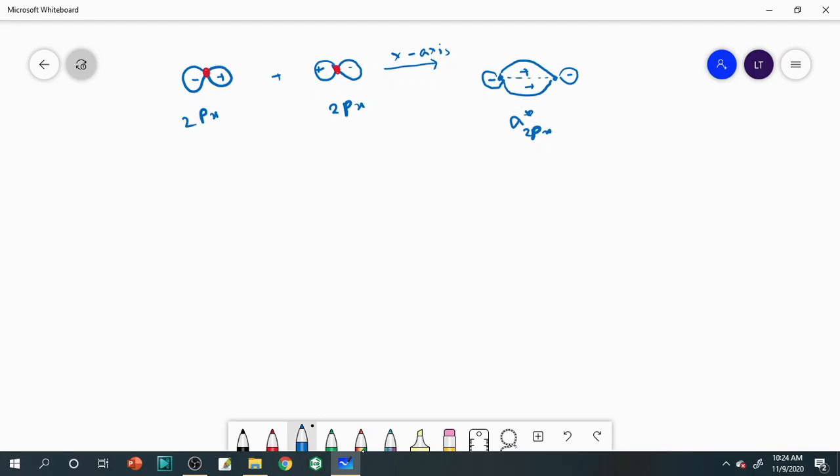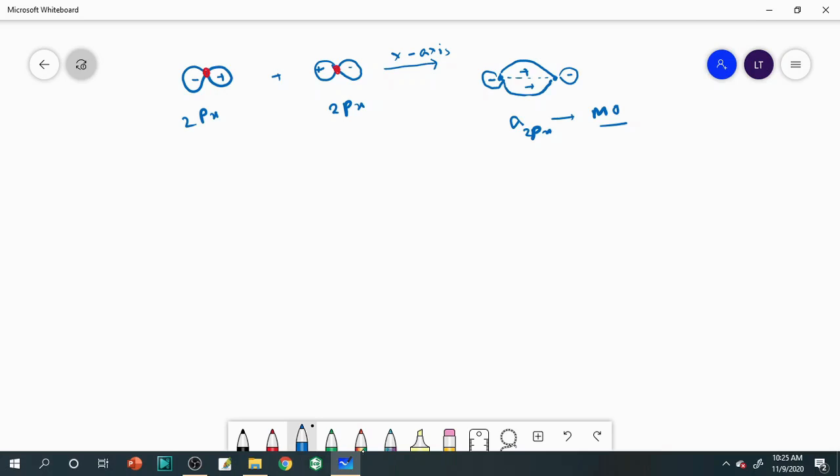Sorry, not star. I'm erasing this. Not star. Star will not be there. So this is the sigma 2px molecular orbital.